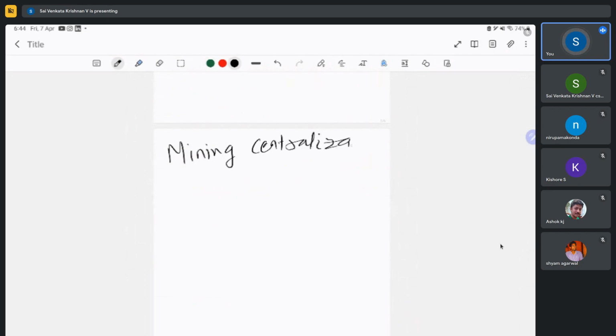So when we reduce the difficulty level and increase the block size in order to increase the transaction throughput per second, it leads to mining centralization.